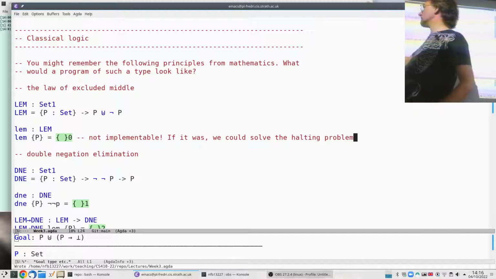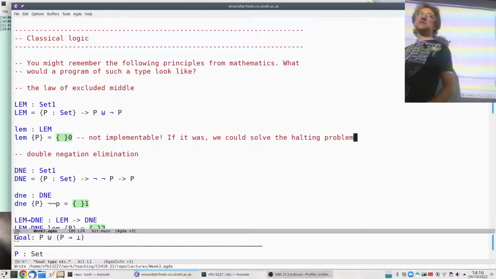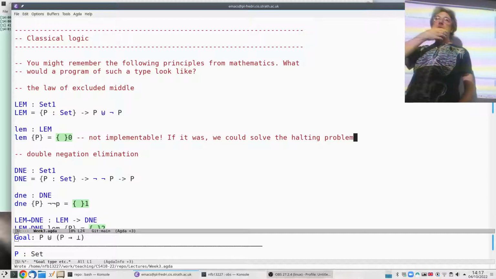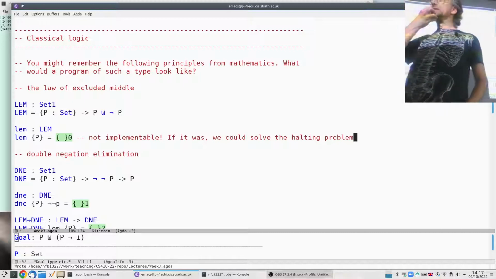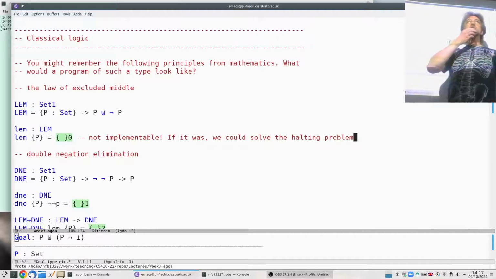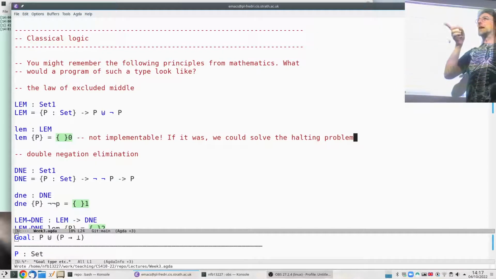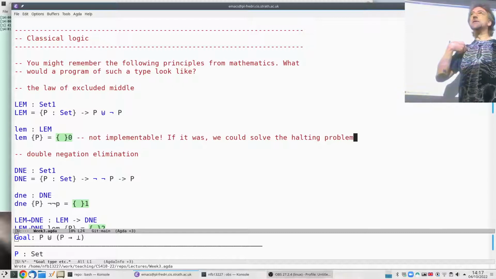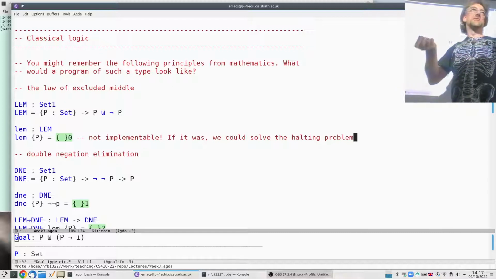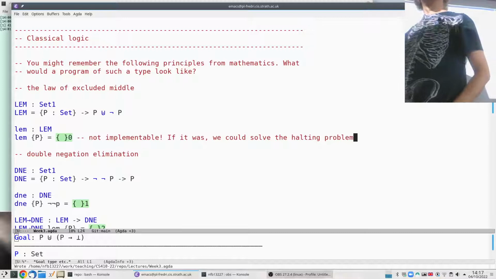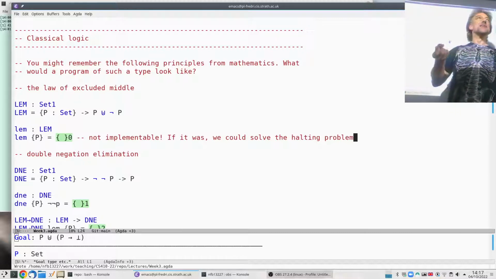You can see it says if you have not not P, then you can deliver P. You can't prove to me that fairies don't exist. Where's my fairy?